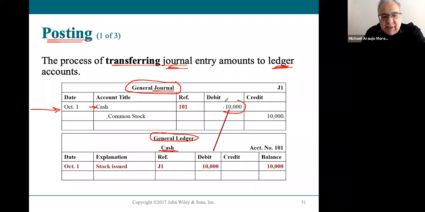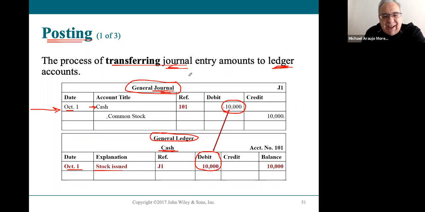So in this case, you see the $10,000 debit to cash being transferred from the journal into its specific account in the ledger, showing that it's a debit of 10,000 to cash. It's from the fact that we did it on October the 1st, and it was because we issued stock.